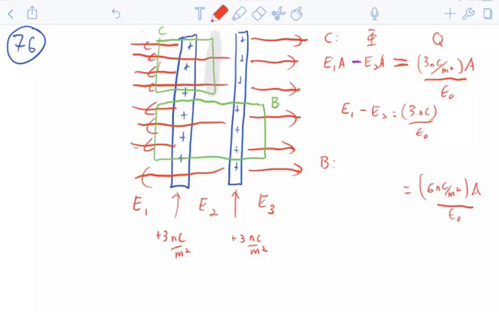The flux going through the left-hand side is E1A, and the flux going through the right-hand side is plus E3A, because they're both going out in this diagram. And so this becomes E1 plus E3 equals 6 nanocoulombs per epsilon naught.